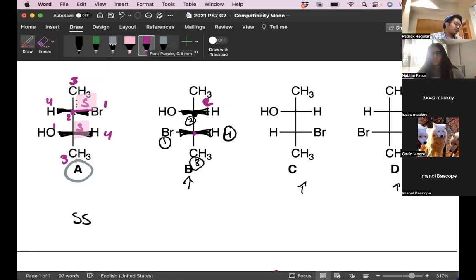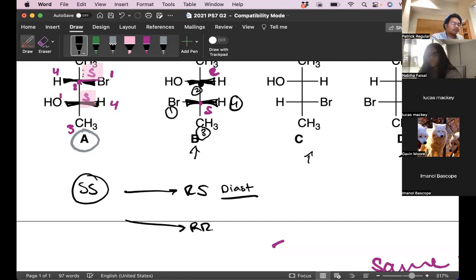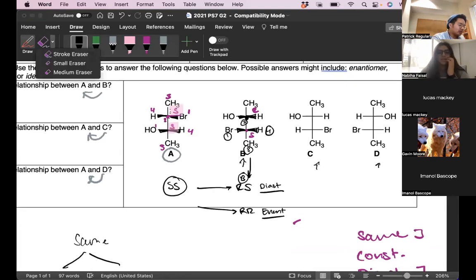That would be S. So right here we have our S. Now, if this was our relative starting point and we have our S, what kind of isomer is that? Only one of them changed, so it would be a diastereomer, because only one changes. If we had an R, that would be an enantiomer because there's a complete reversal. And if it was still S, S, that would just be identical.